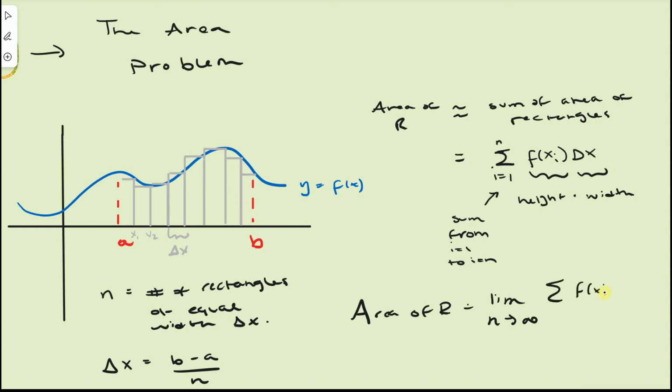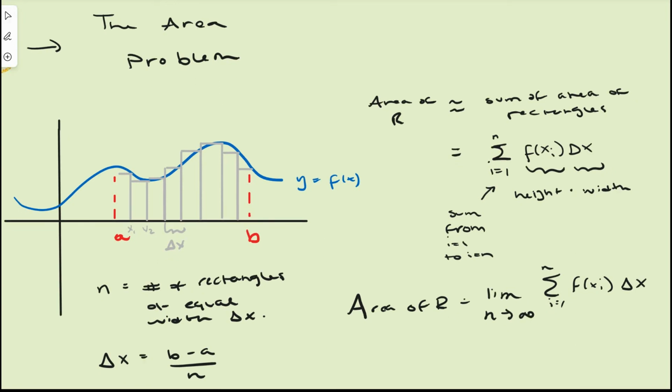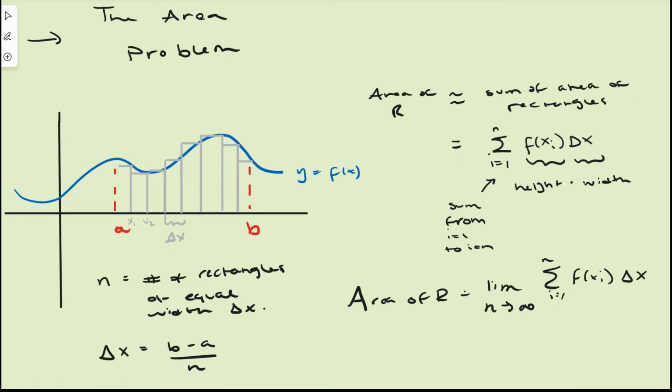So this is not approximately equal to, this is actually equal to. Right, and so that is how we define the integral. So that's equal to the integral from a to b of f of x dx, right?